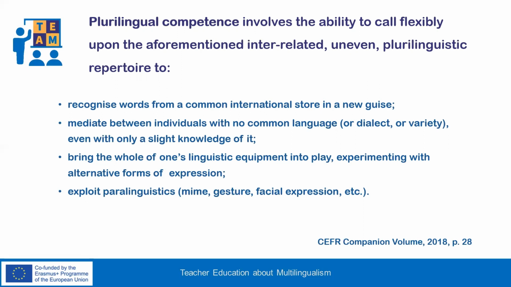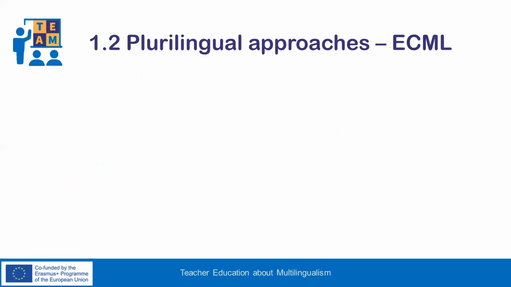Having outlined the theoretical framework within which plurilinguals make sense and can work, we will now see specific ways in which those are supported and implemented in Europe. The European Centre for Modern Languages, ECML, has been working towards this goal for some time now, and here a series of its most important relevant projects will be reviewed.